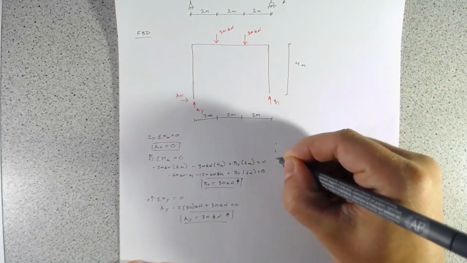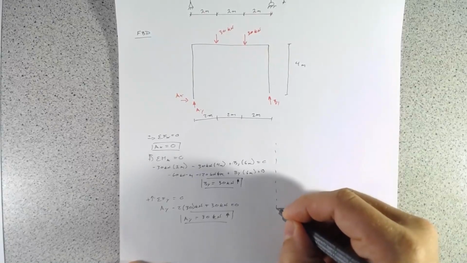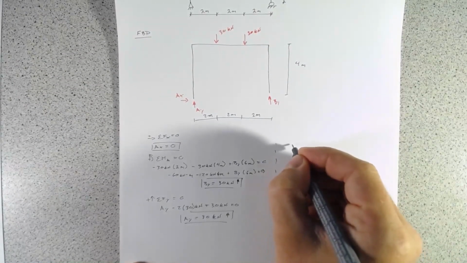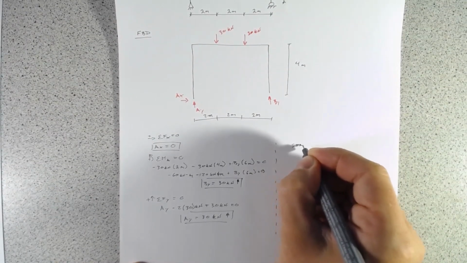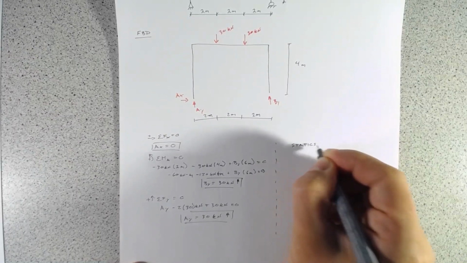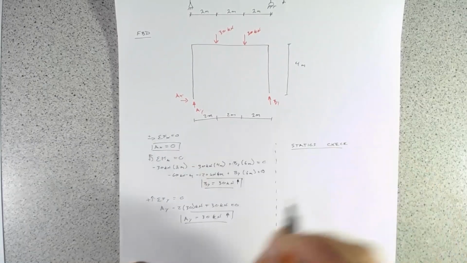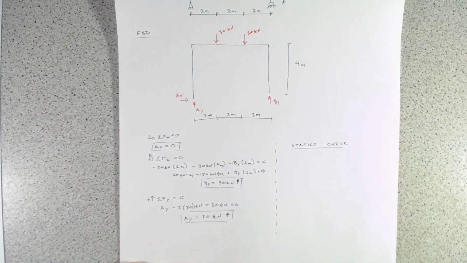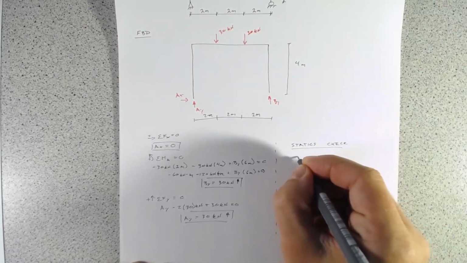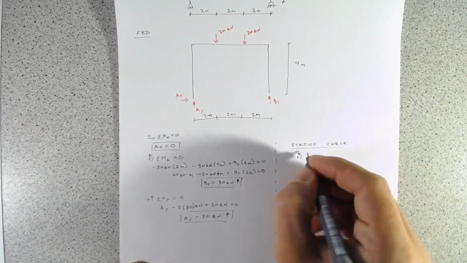It's always good to do that intuition check. But what's also good to do is a statics check, just to make sure we haven't accidentally done a calculation wrong or forgot a term somewhere. That's what a statics check is really good for with these determinate systems.